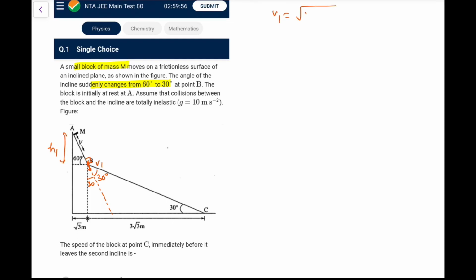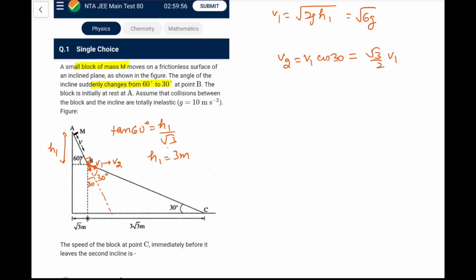So I can directly say v1 is root 2g h1, and from the geometry, sin 60 degree is h1 upon root 3 that we are given. So h1 is 3 meters, so I have v1 squared as 6g. Now because it is inelastic, only the component which is parallel to the incline will remain, so the velocity turns from v1 to v2, and this v2 would be equal to v1 cos 30, you can write it as root 3 by 2 v1.